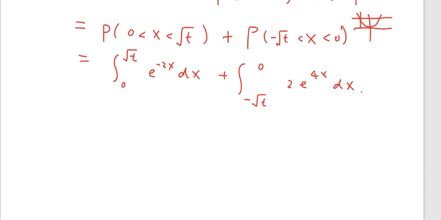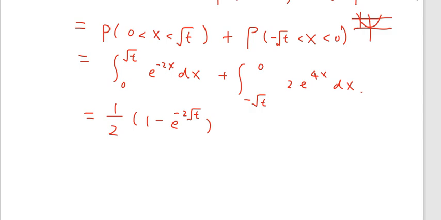integrate them out. So for this one, integrating negative 2x gives just negative 2x, and then half. So this integral is just half times 1 minus e to the negative 2t.